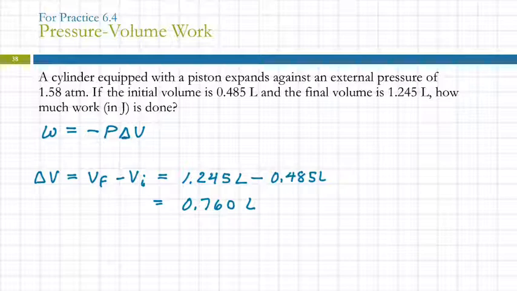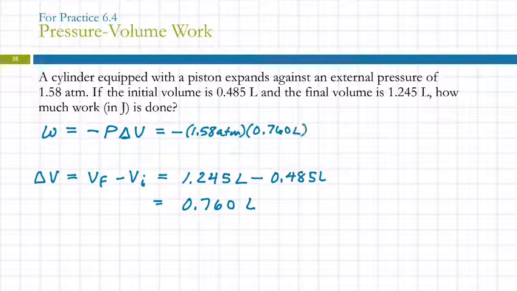And I've got the pressure of 1.58 atmospheres. So the work is negative 1.58 atmospheres times 0.760 liters. So we could do that math.